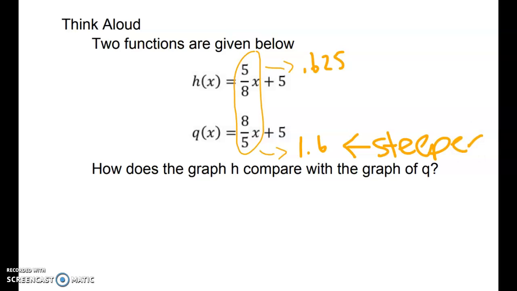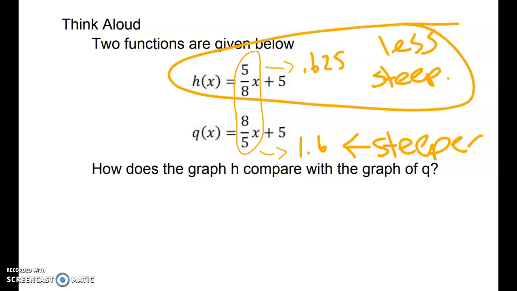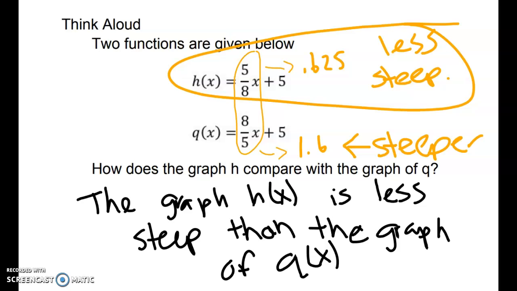If q of x is steeper, that means h of x is going to be less steep. I'm going to write that because it still wants me to compare the graph of h to the graph of q. So I'm going to write something about the slope being less steep. The sentence says, the graph of h of x is less steep than the graph of q.